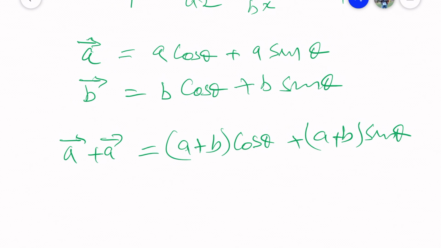Now in this case we are assuming the theta is the same, the angle of both the vectors is the same.